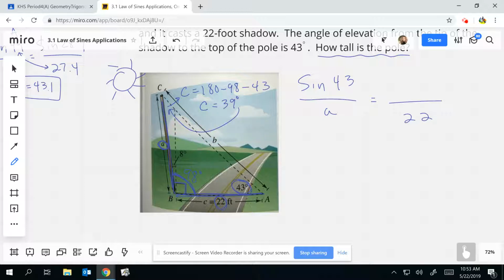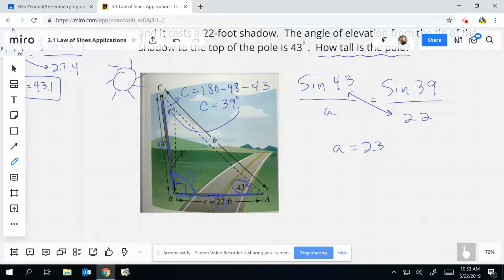So there's your angle C, 39. So I can put the sine of 39 up here. And you can multiply, again, your diagonals that are numbers first. Sine of 43 times 22. Get that answer and then divide it by the sine of 39. 23.8 is your little a.